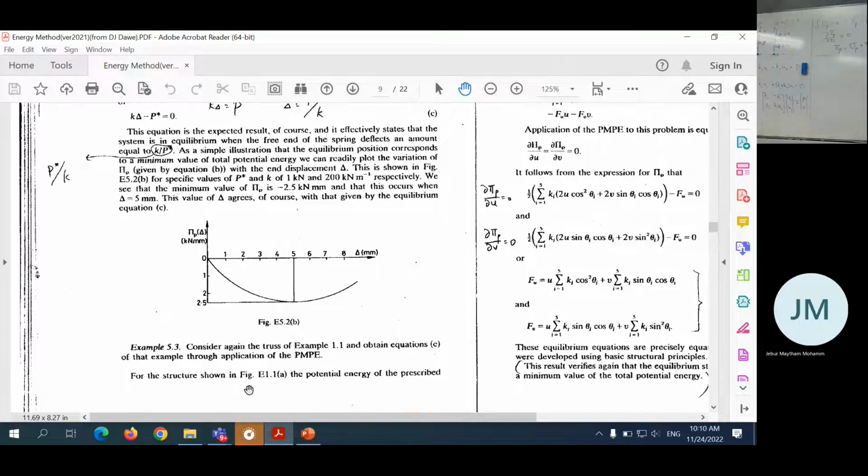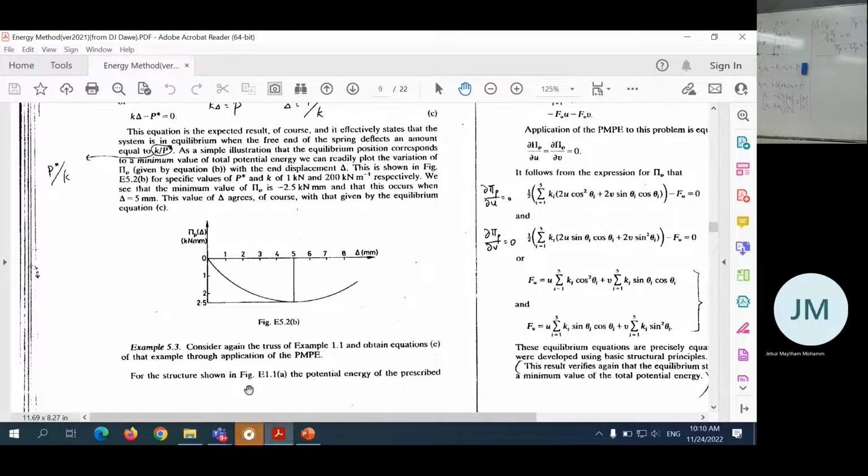That is the thing I would like you to take note of. When you have an equilibrium solution, that solution makes pi p a minimum value. Other than that, it is not the solution.